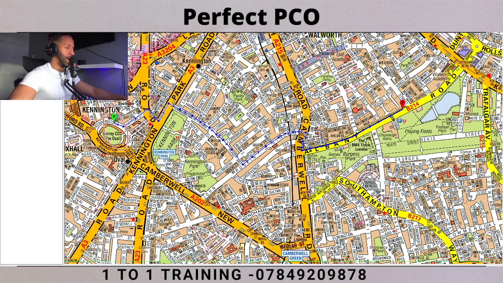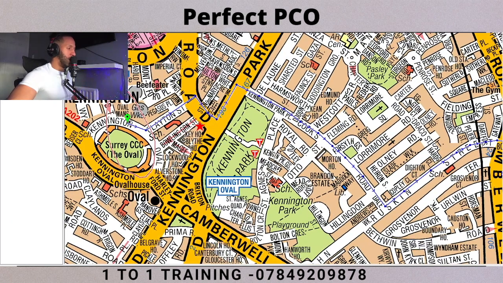Because in real life, you can no longer take a left here, and you can no longer go straight down Kennington Park Place, sorry. This road is now only allowed to come up to here.